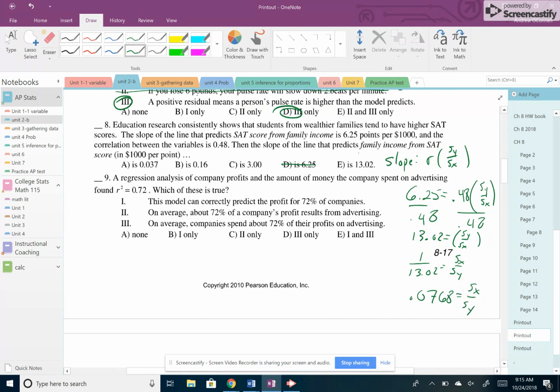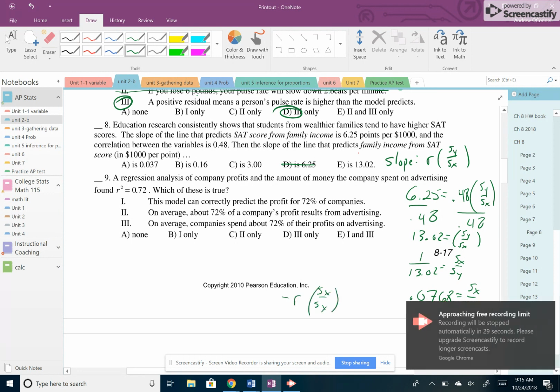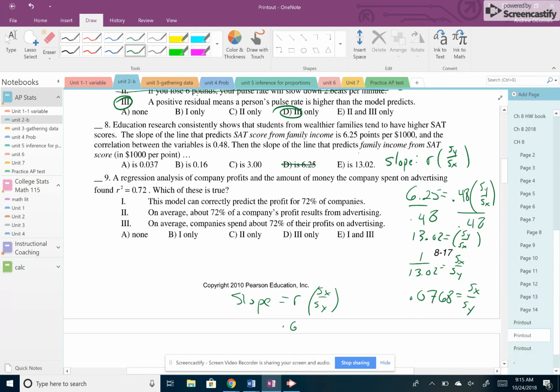So now we can actually find the new slope after switching the variables, and that is SX over SY, which we know, times R: 0.48 times 0.0768, and that will come out to 0.037. I'm going to continue the rest on the next video.